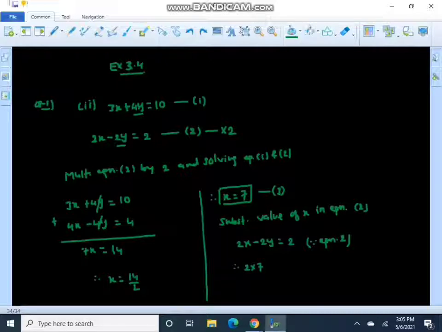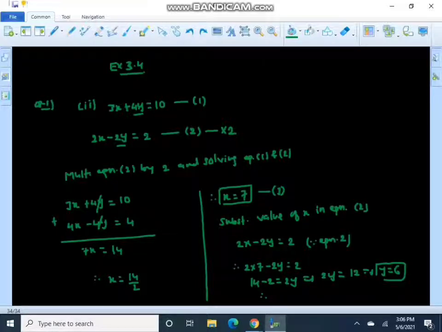Therefore 2 into 7 minus 2y is equals to 2. 14 minus 2 is equal to 2y implies 2y is equals to 12, implies y is equals to 12 by 2, 6. Okay, and therefore solution we have obtained, x is 7 and y is 6. Okay, you may note down this.